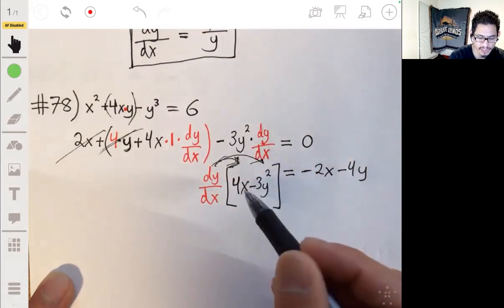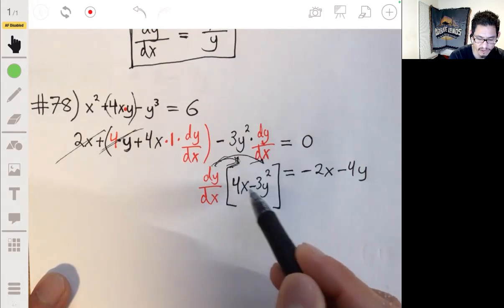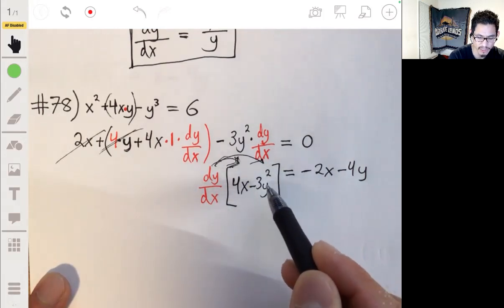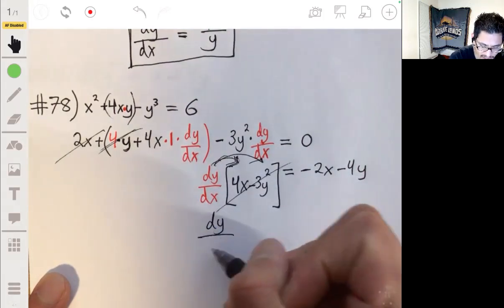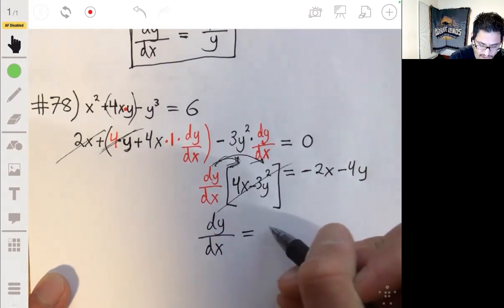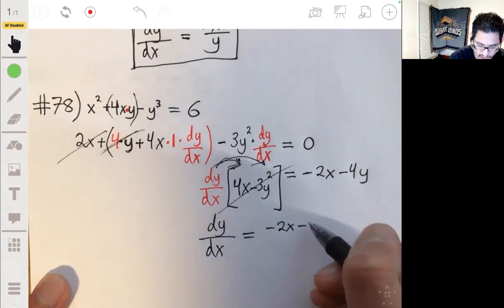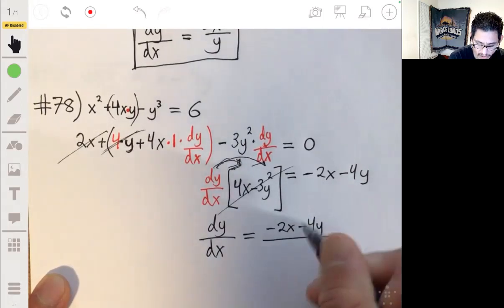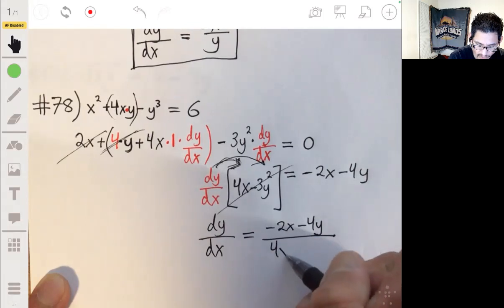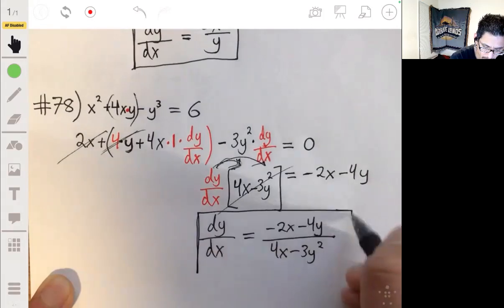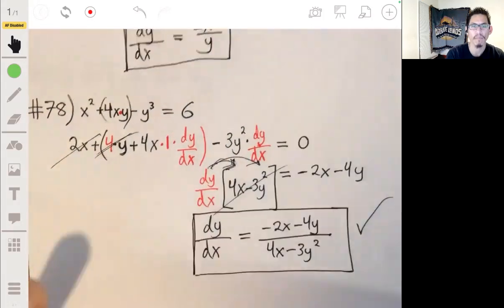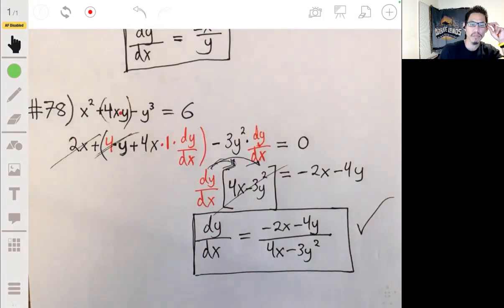So then here we can easily see that we just need to divide by this 4x minus 3y squared on both sides. So when you do that, you just get dy/dx is equal to negative 2x minus 4y all over 4x minus 3y squared. And that'll be your answer for that.